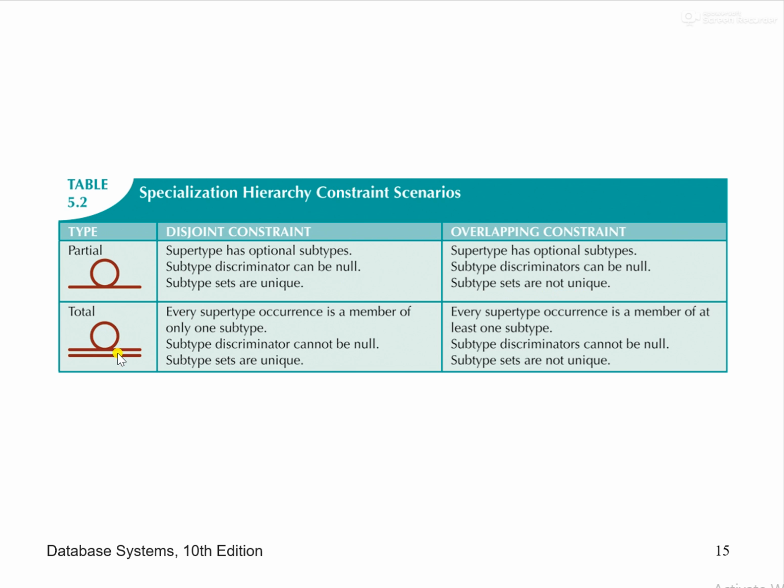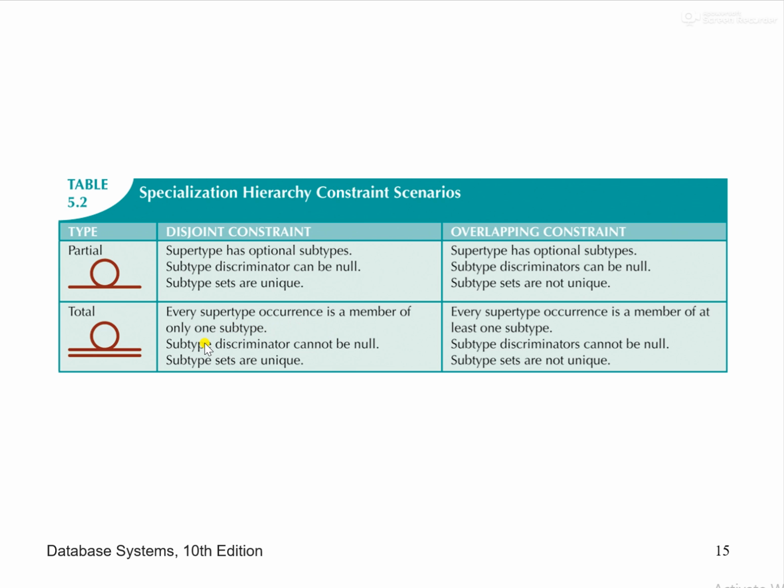Okay, in case we have total completeness, then with respect to the disjoint constraint, it has some special characteristics. First, because it is total completeness, every supertype occurrence must be a member of only one subtype, and it is also disjoint.